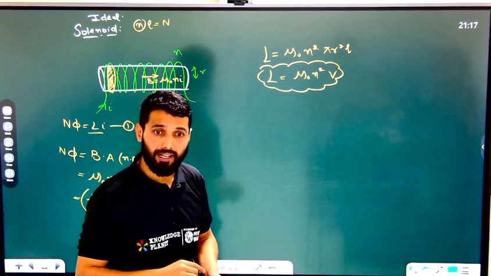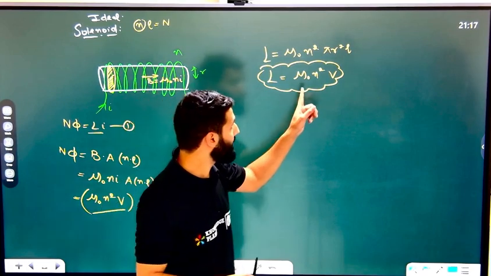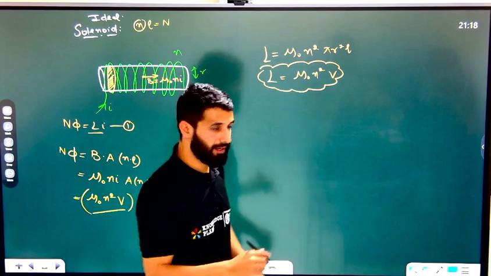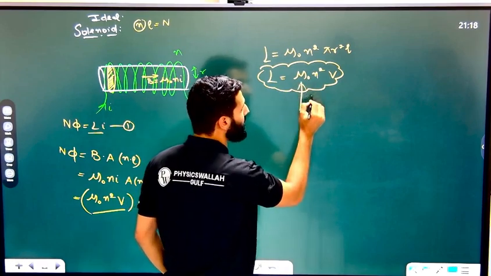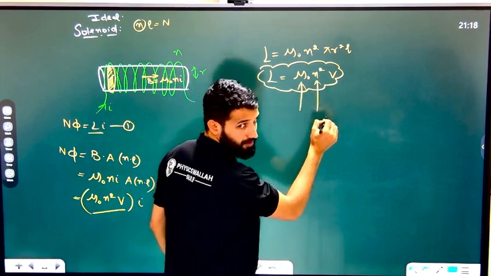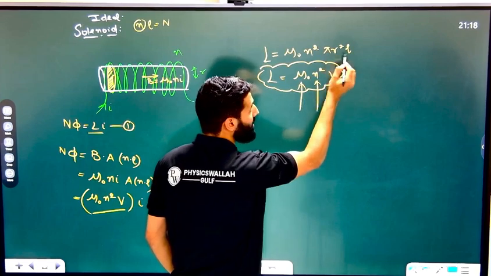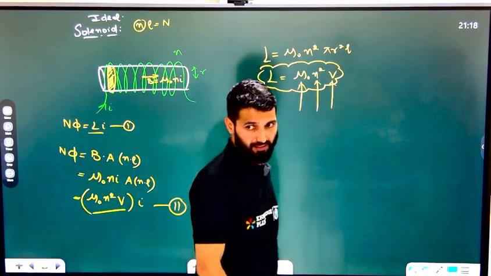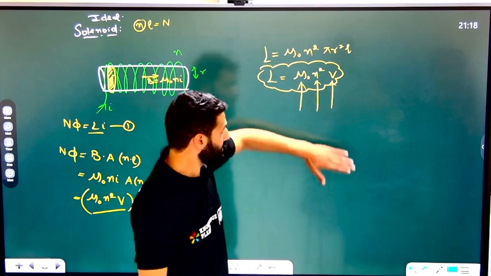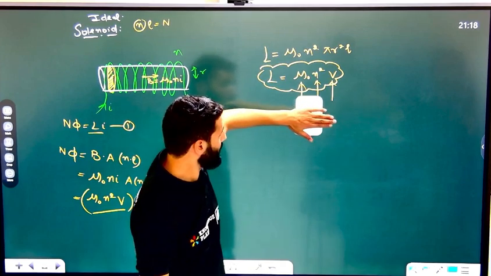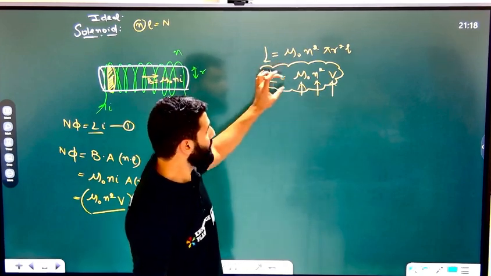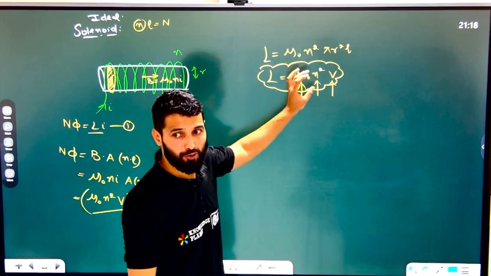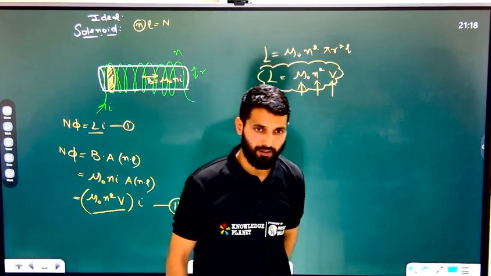Self-inductance of an ideal solenoid. Okay, tell me one thing. On which factors does it depend? Mu naught, the medium, n, number of loops, right? Volume, pi r square L, it's constant, and it's also medium dependent, and purely geometry dependent, nothing else.